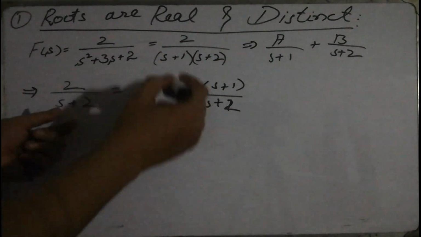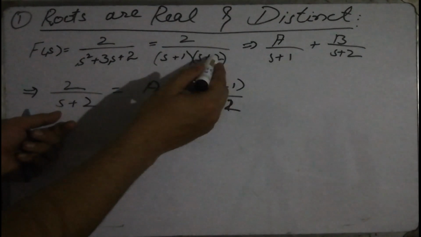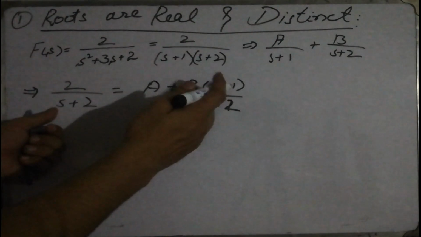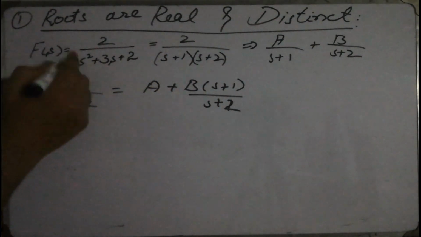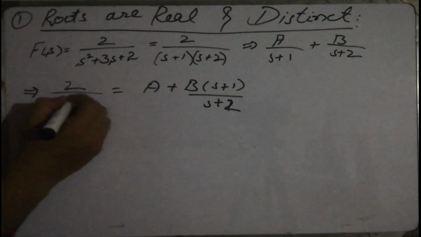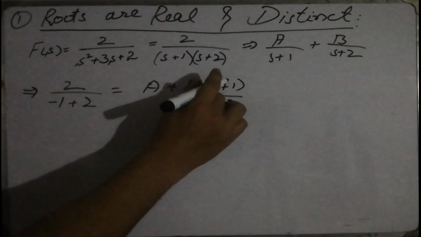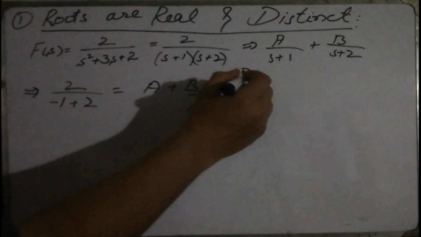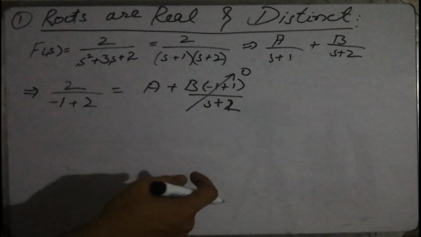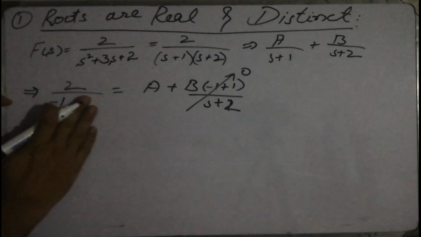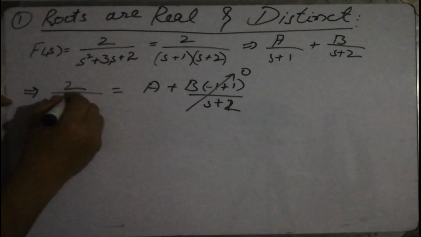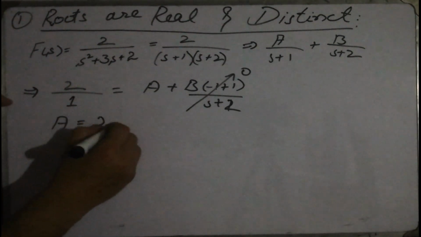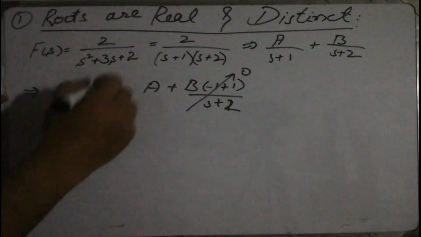So s can be -1 and s can be -2. Now for this case, we take s as -1, and once we take s as -1 in this whole equation, it makes this term equal to 0, since -1 plus 1 is 0, and we are left with a value of A equal to 2, right?